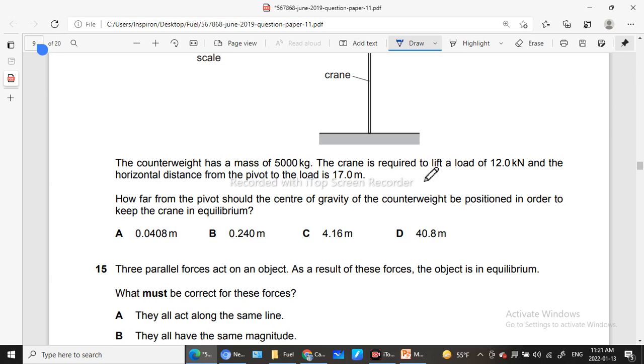The crane is required to lift a load of 12.0 kilonewton, and the horizontal distance from the pivot to the load is 17.0 meter. How far from the pivot should the center of gravity of the counterweight be positioned in order to keep the crane in equilibrium?